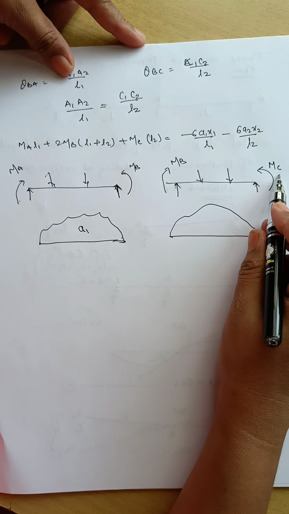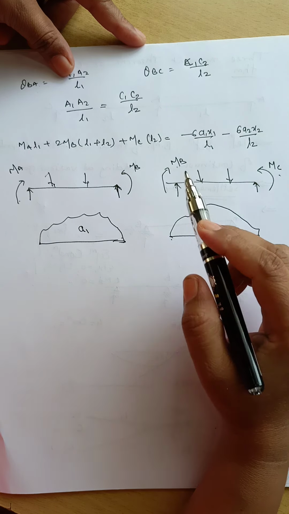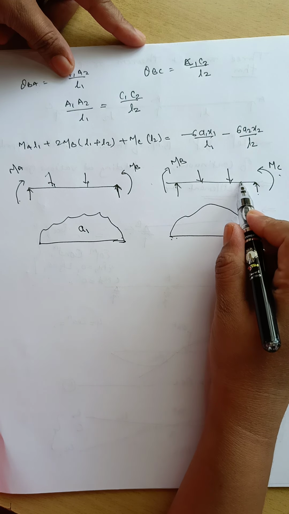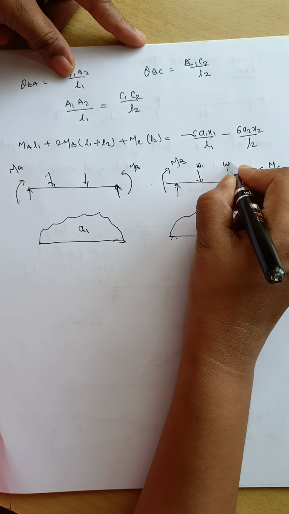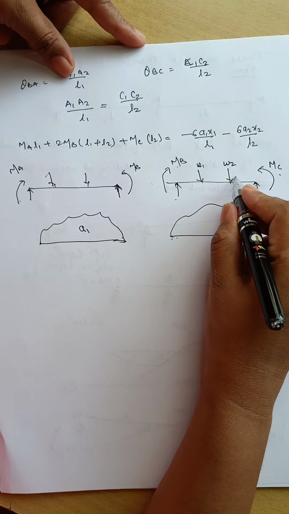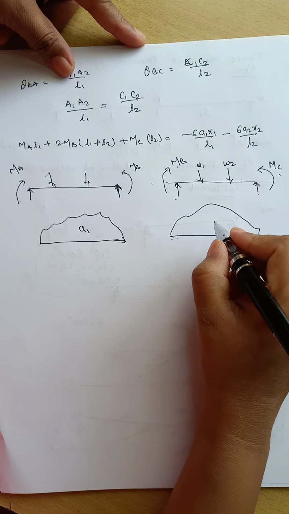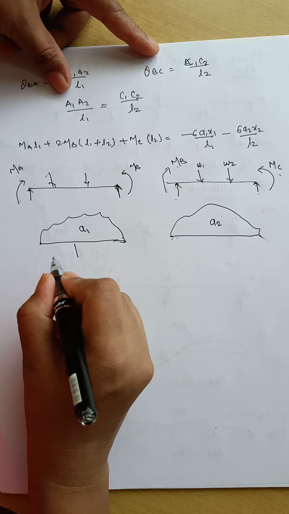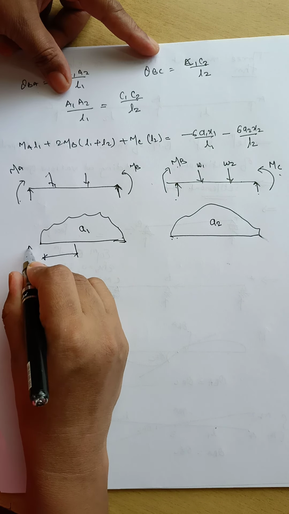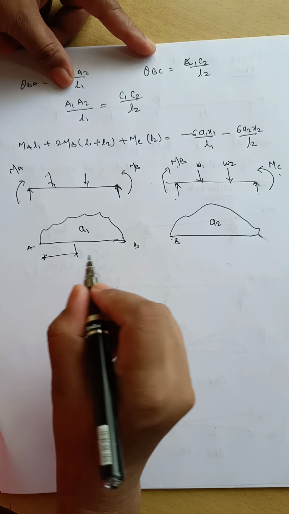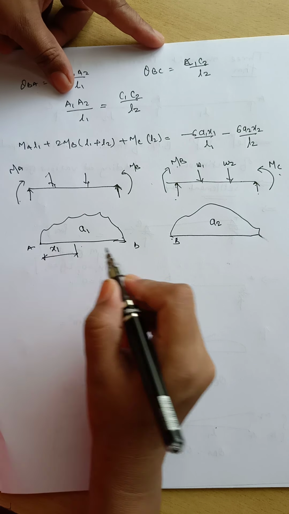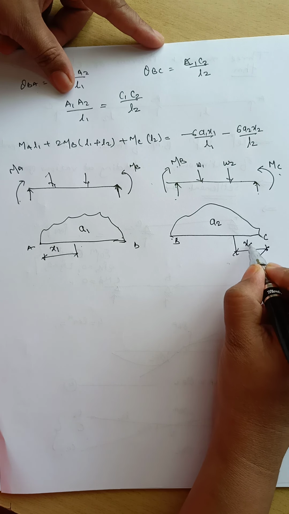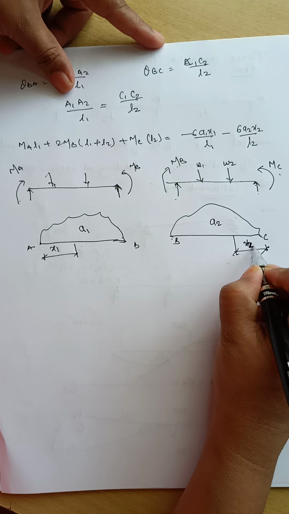Do not consider MC and MB here, because these are support moments. We just assume that only the load is there, loads like W1, W2, and with the help of this load we draw the diagram. Now the area of that diagram is A2. The centroid of the bending moment diagram is noted from point A as x1, and from point C as x2.